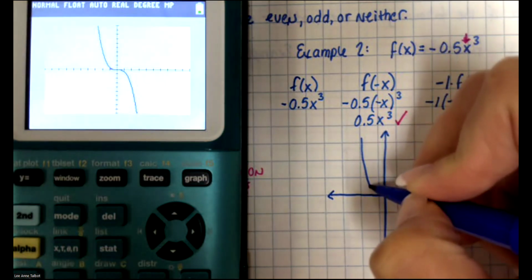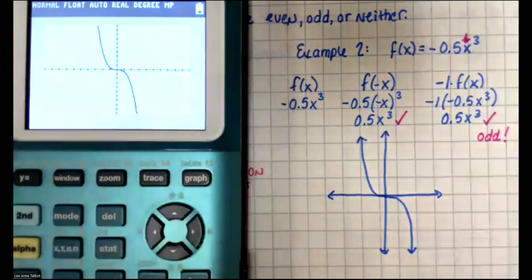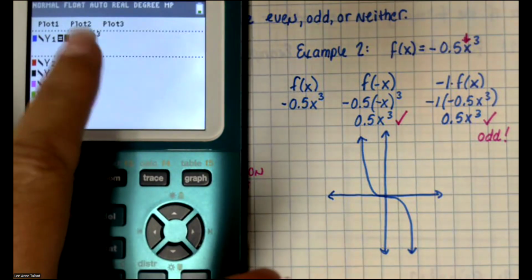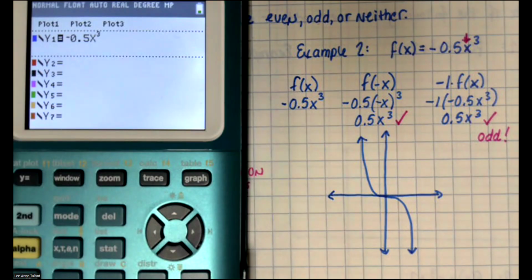It's the same button as on the scientific calculators. It's in the y equals, the first one.